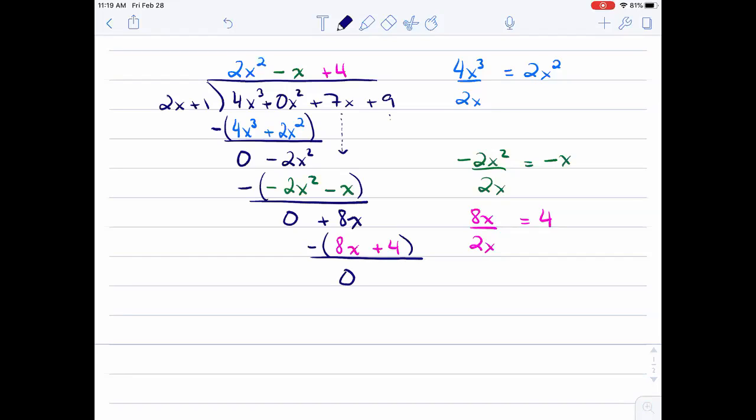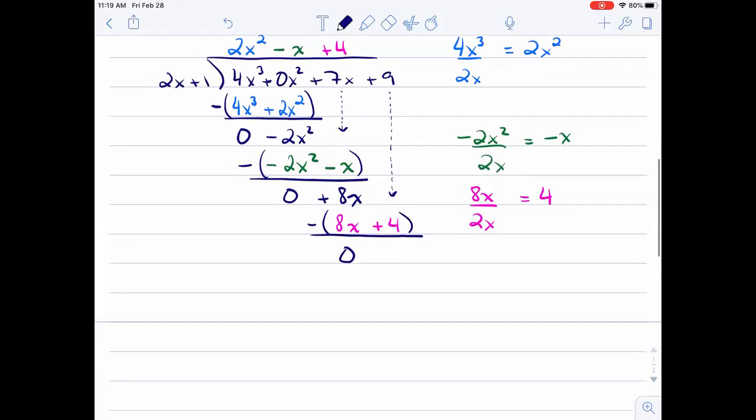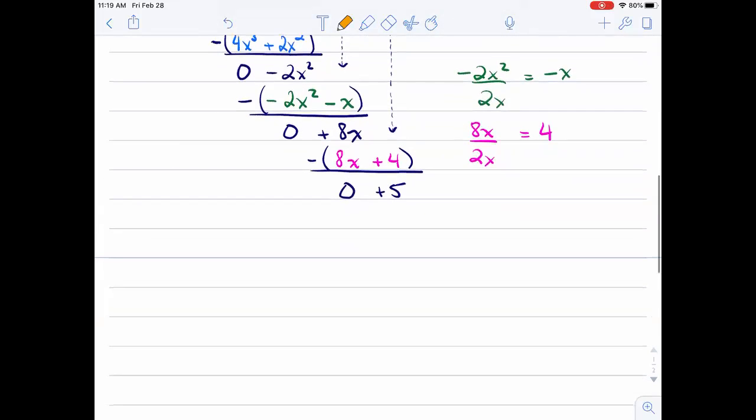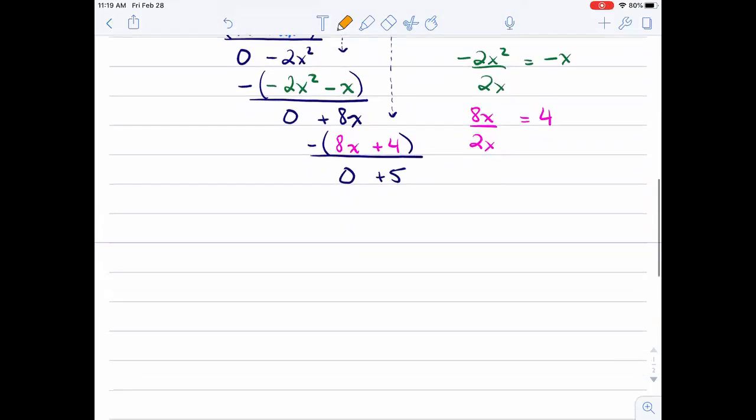So again, this little guy is kind of tracing down that way. 9 minus 4 puts me at plus 5. So this means that this plus 5, this here, is the remainder.